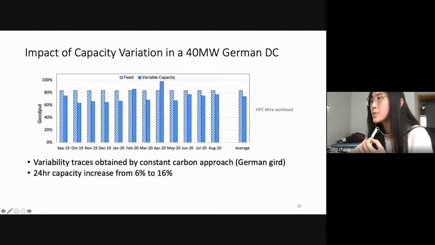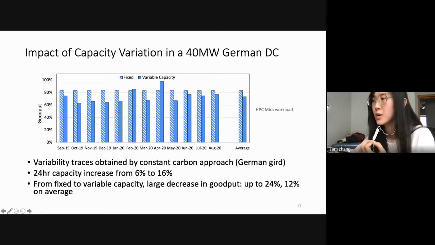Each cluster of bars represents a day in a month, and the traces have a 24-hour capacity increase from 6% to 16% in terms of total usable capacity.